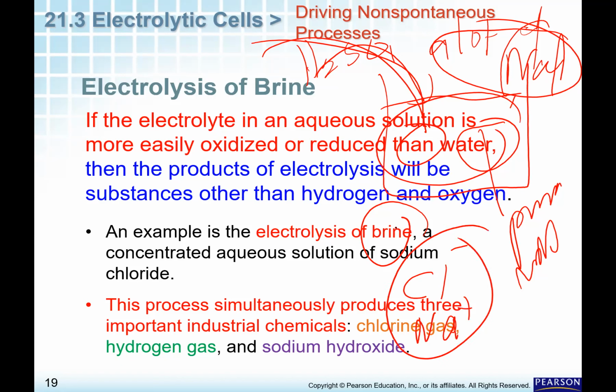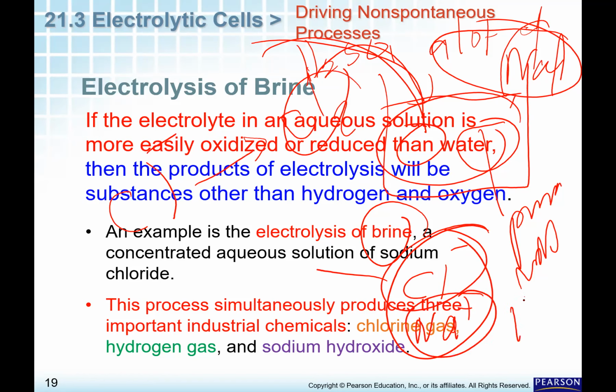So the question is now, is the water going to get oxidized? No, because a chloride ion is more easily oxidized than the water molecule. So we're going to see the Cl minus getting oxidized into Cl2, and that is the way we produce chlorine gas. Then we have the sodium and we have the water left in there.